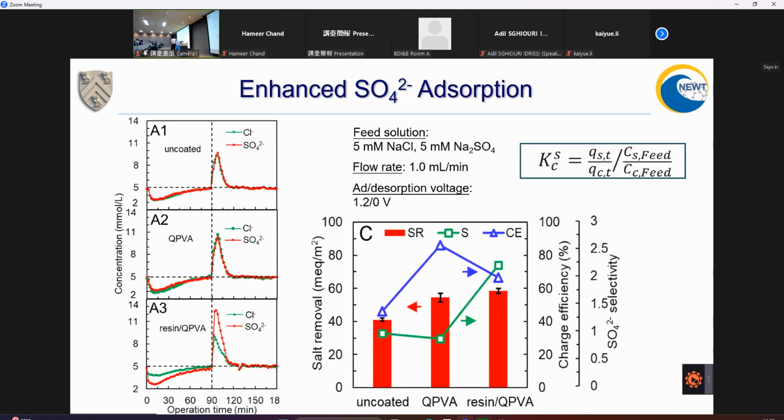Here you can see clearly we have higher selectivity with the nano-sized resin added compared to if you just have the polymer coating. But we also see a very interesting drop in the charge efficiency when you have the particles added. And this is why I said earlier, the size of the particle is actually very important.